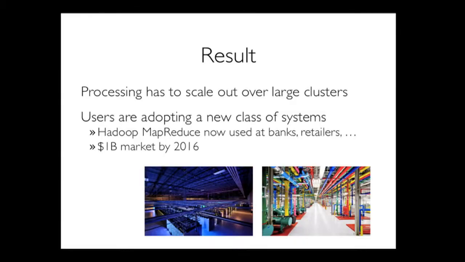So for example, companies like Bank of America and Visa are using Hadoop MapReduce, the open source implementation, for applications such as fraud detection. And this market alone, the Hadoop market, is projected to be a $1 billion market by 2016.